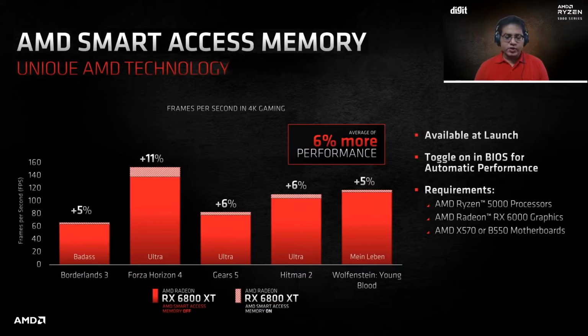Then again, we should also point out that game developers, if they want to make use of AMD Smart Access Memory, they'll have to make changes to their game engines and to their game overall. Over here, we see an average of 6% performance gains when you switch on Smart Access Memory.